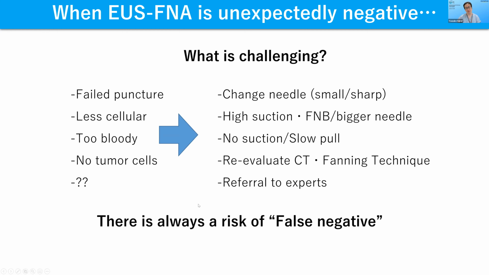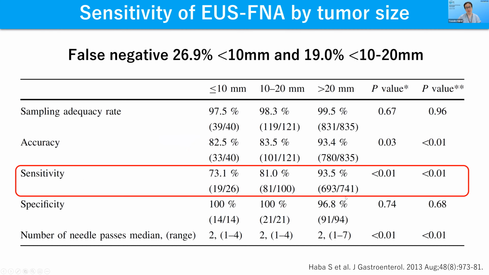And we should know there is always a risk of false negative. This is a report from large high volume centers. If the pancreatic lesion was more than 2 cm, the sensitivity was higher than 90%, but as the lesion gets smaller, like if it's less than 1 cm, the sensitivity was about 73%.